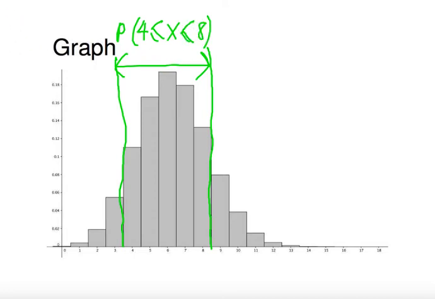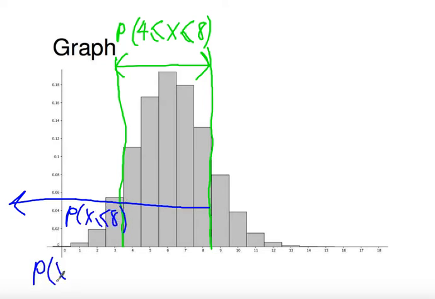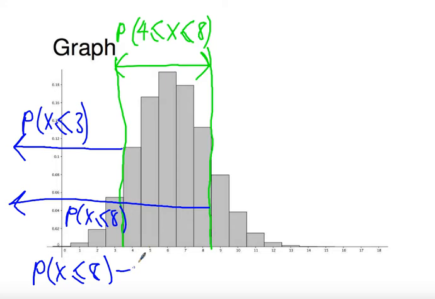Now what I can do is take all of this probability here. This is probability x less than or equal to 8. Except I don't want that whole probability. I want to get rid of this probability here because that's extra. So this is probability x less than or equal to 3.